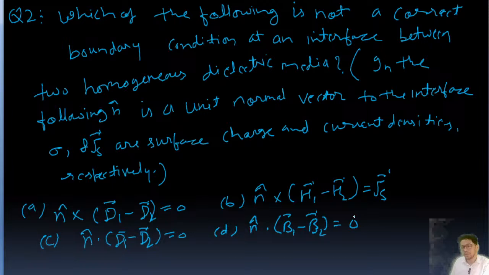Okay. The question is, which of the following is not a correct boundary condition at an interface between two homogeneous dielectric media? In the following, n cap is a unit normal vector to the interface, and sigma and Js are surface charge and current densities respectively. Okay, so we need to find which of the following is not the correct boundary condition. Okay, so I'll solve it now.